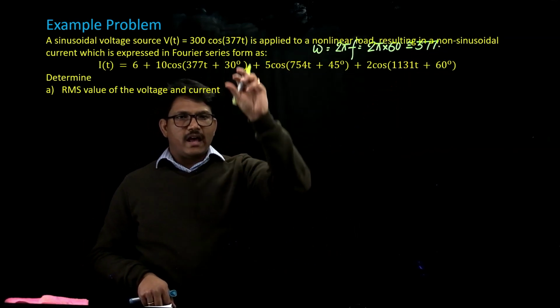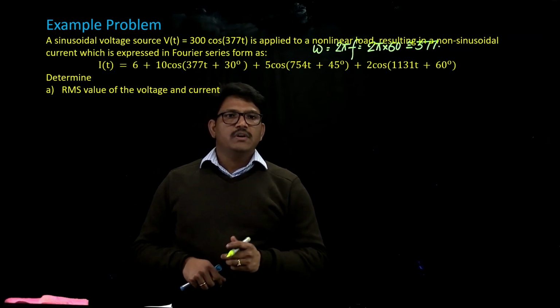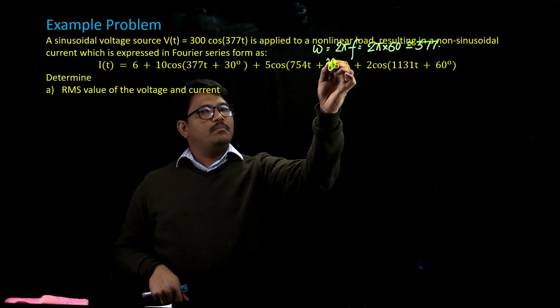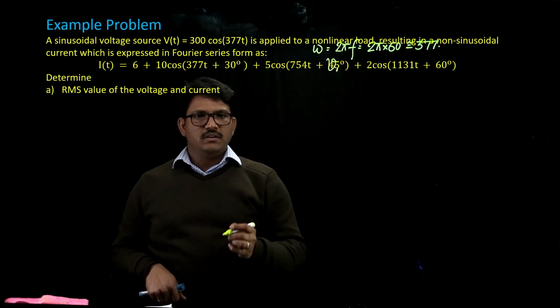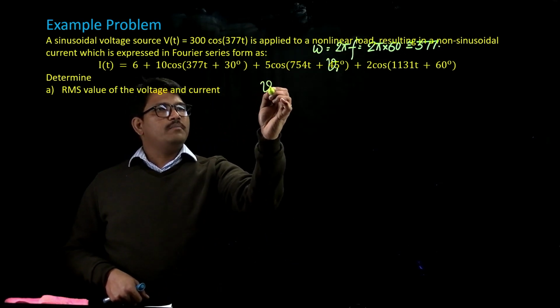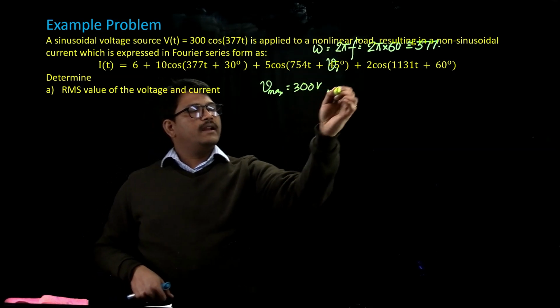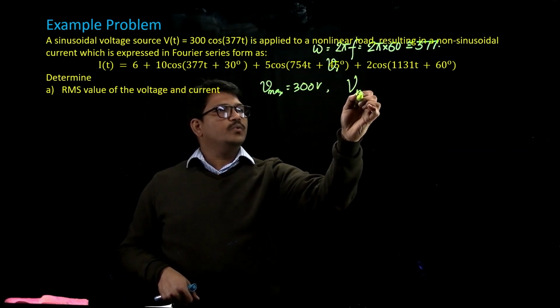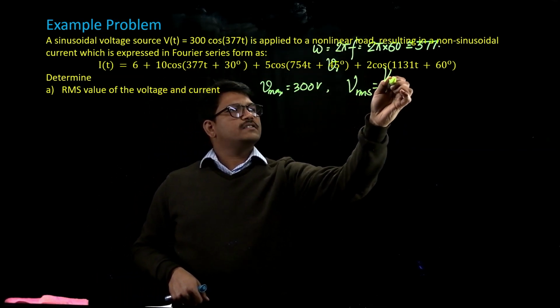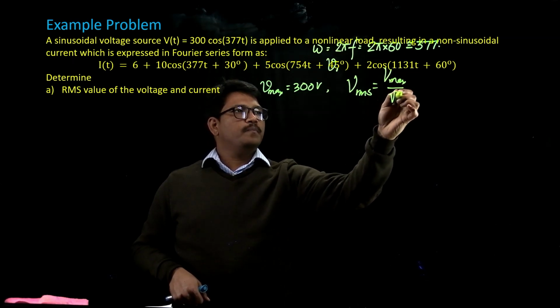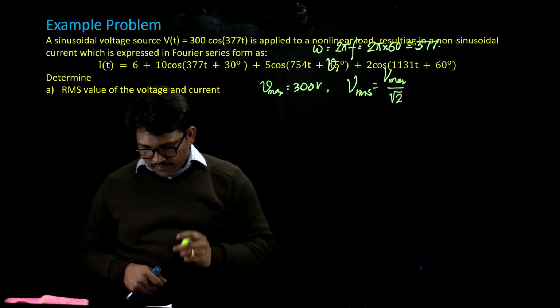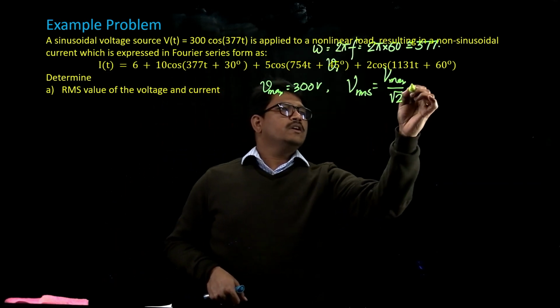So we have that as V of t. Now 300 is the maximum value of the voltage, so your RMS value is V max upon root 2, which we get as 212.